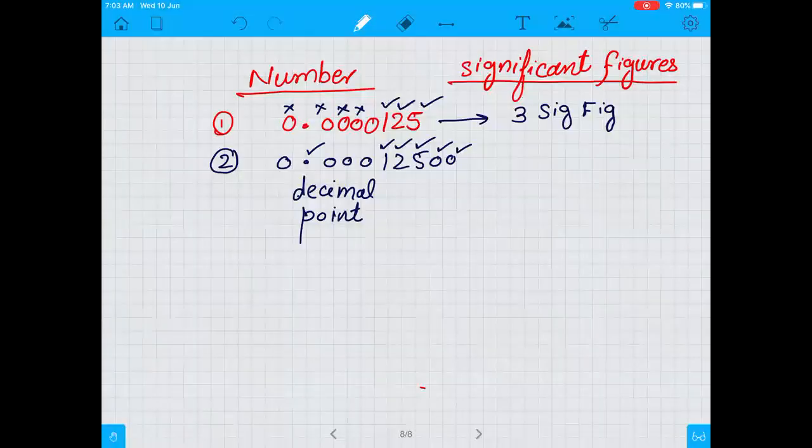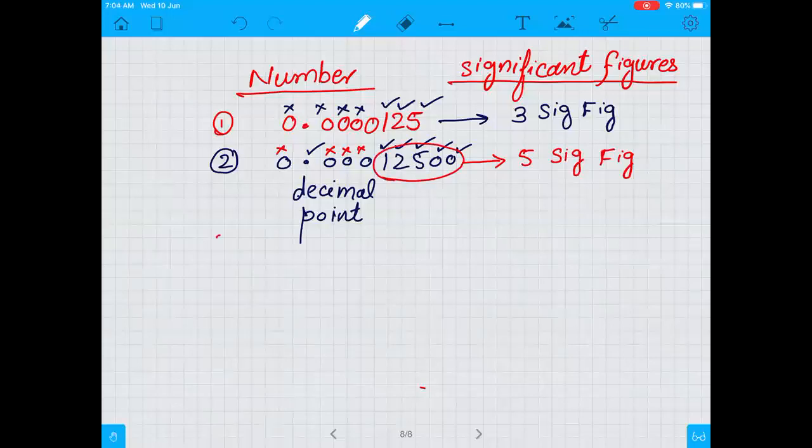And one thing, zeros which are on the left hand side, they can never be significant. So zeros which are before a non-zero digit, or you can say that they are on the left side of a non-zero digit, they can never be significant. So here you have 1, 2, 3, 4, 5 significant figures. So this number has 5 significant figures. These are the digits which are significant.